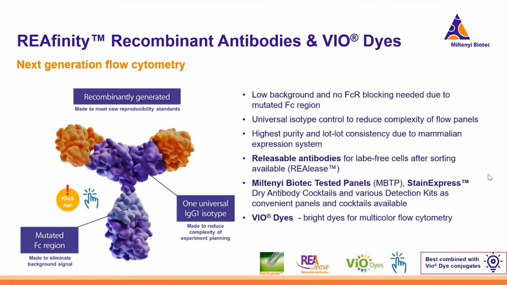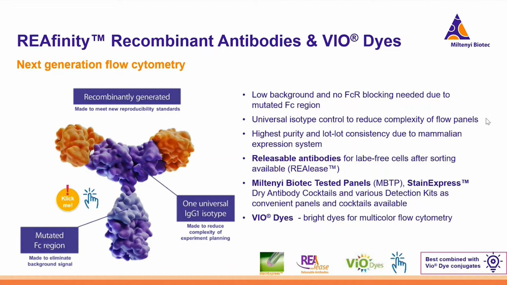First, we have the REAfinity Recombinant Antibodies. Being recombinantly engineered, we have full control over their genetic sequence and can express the REAfinity recombinant antibodies in mammalian non-hybridoma cell systems.